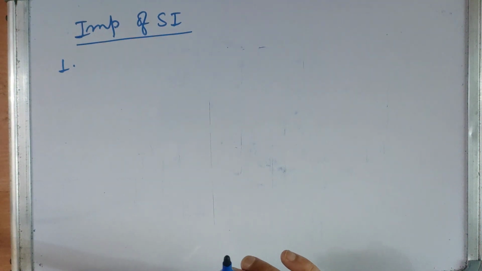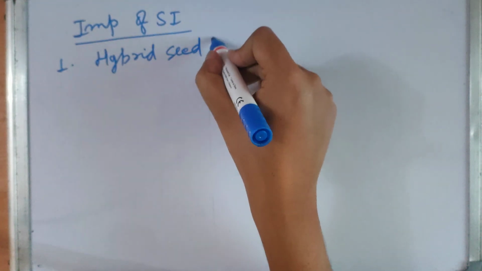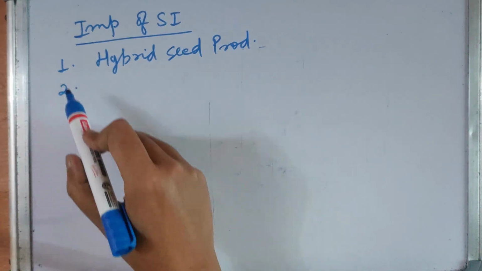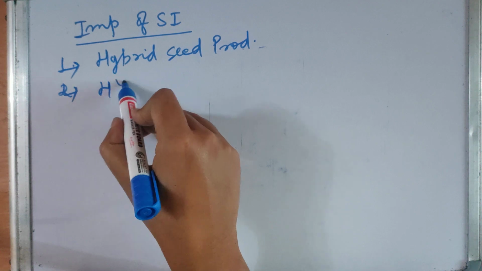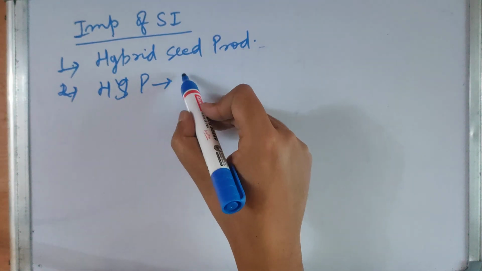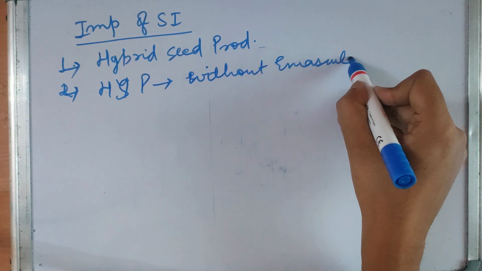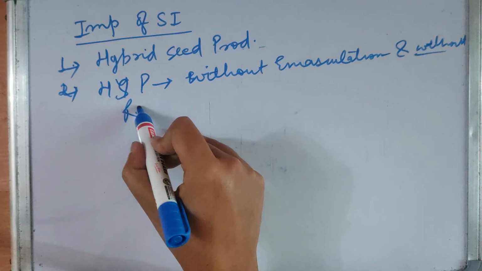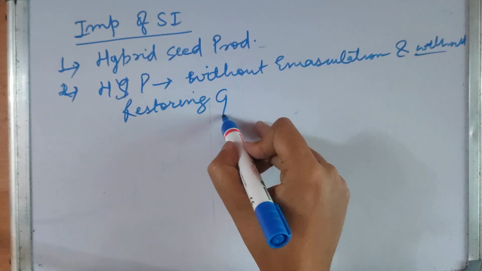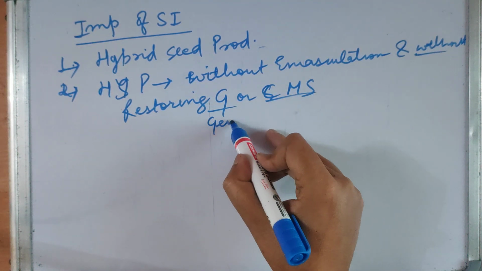So they are very important and used in hybrid seed production. Self-incompatibility provides a way of hybrid seed production without emasculation and without restoring genetic or cytoplasmic male sterility.